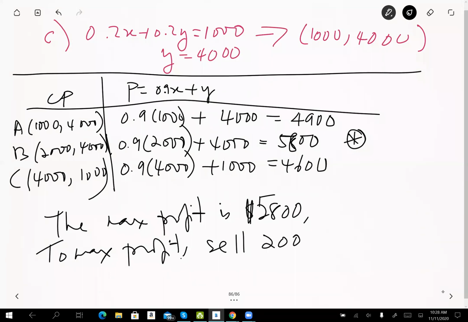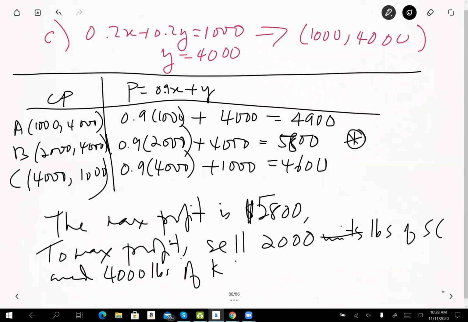X is the senior, so 2,000 pounds, I'm sorry, the units are in pounds, of the senior, and 4,000 pounds of the kids. So that is the conclusion. Now the table, 3 points. The conclusion here is 1 point.